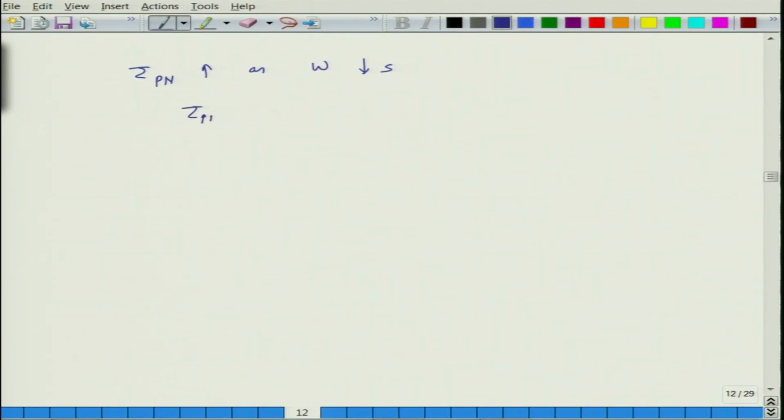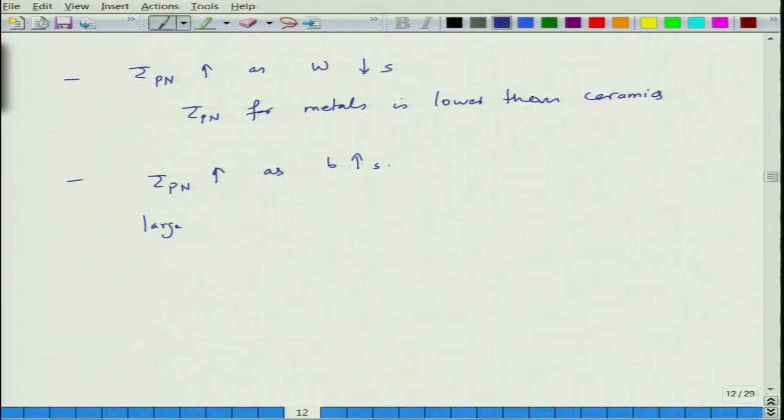So, tau Pn for metals is lower than ceramics. Another observation that we make is tau Pn increases as B increases. So, which means larger the Burgess vector, higher the Peierls-Nabarro stress.